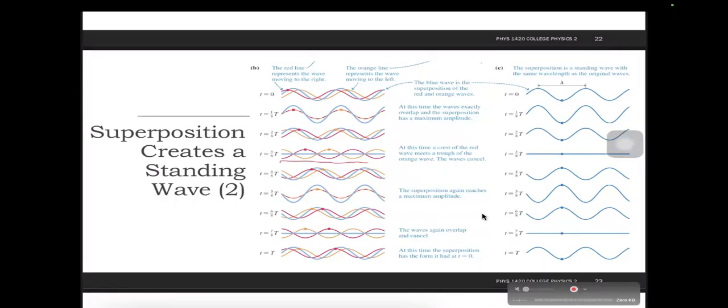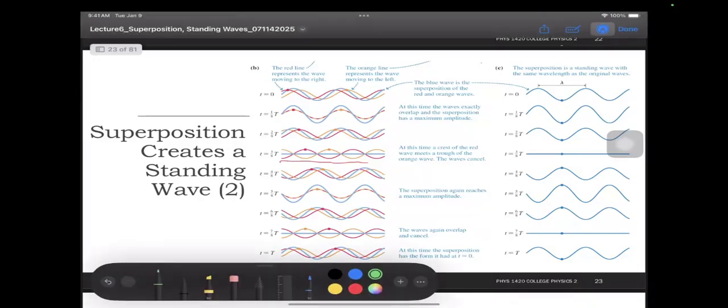Okay, let's talk about how a superposition creates a standing wave. There are two different waves. You can see here the red one represents the wave moving to the right, and the orange one represents the wave moving to the left. And here there is a point.